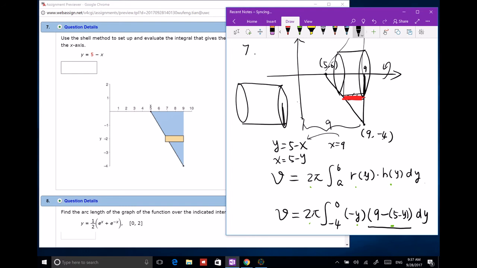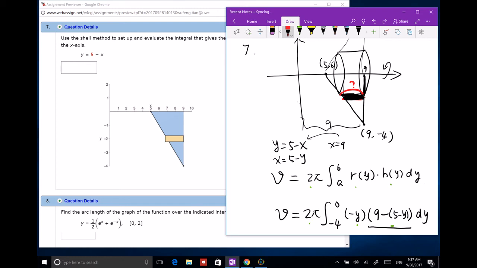The r is in the vertical direction, so r is y. What is the x value for each cylinder? This is your height, which is in the horizontal direction. We're looking for this part. How big is this part, the green part?